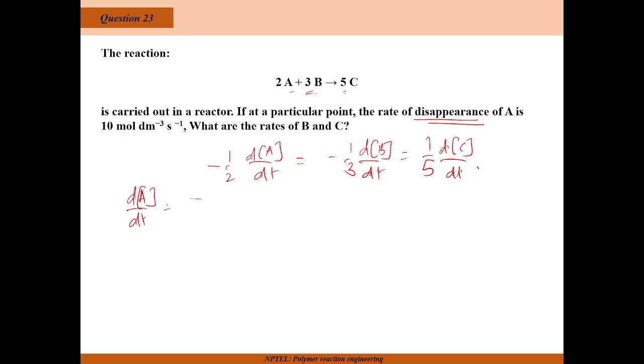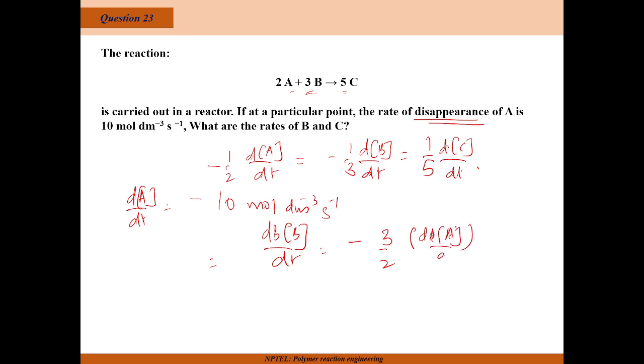It is given that the rate of disappearance is 10 mole per decimeter cube per second. Since it is already mentioned as disappearance, dA by dt we can write as minus 10 mole dm cube s inverse. So we can write dB by dt is equal to 3 by 2 into dA by dt. So it will be minus 3 by 2 multiplied by 10, which is minus 15.